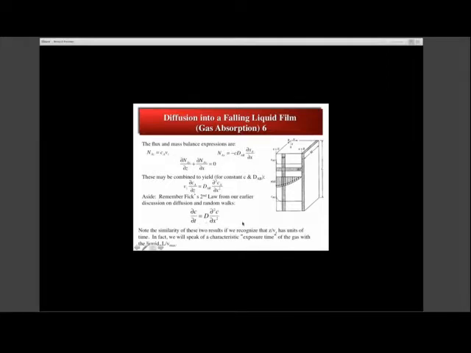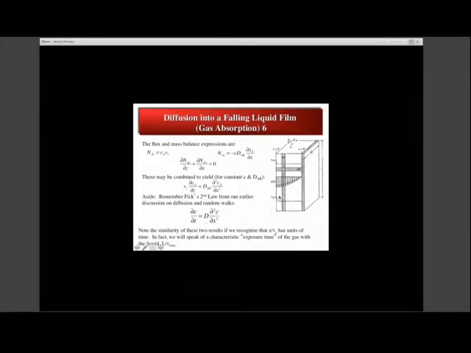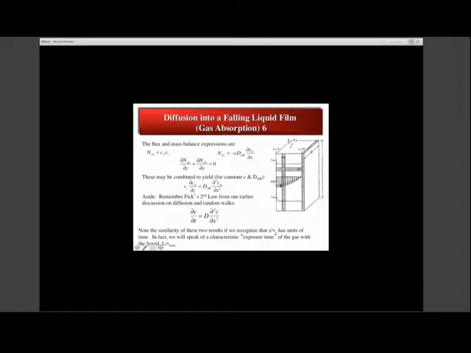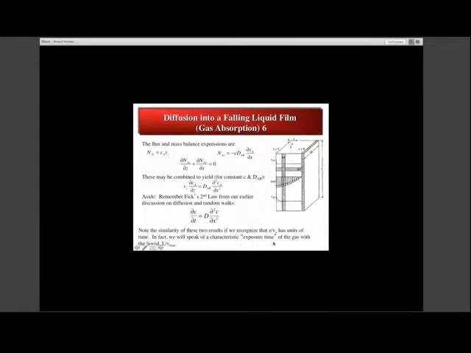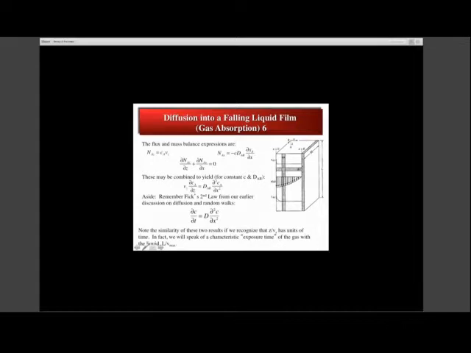And so one way to view this particular problem is to speak about, in fact, a characteristic exposure time of the gas with the liquid. And that characteristic exposure time is the distance that the liquid travels, that's L, divided by the maximum velocity.